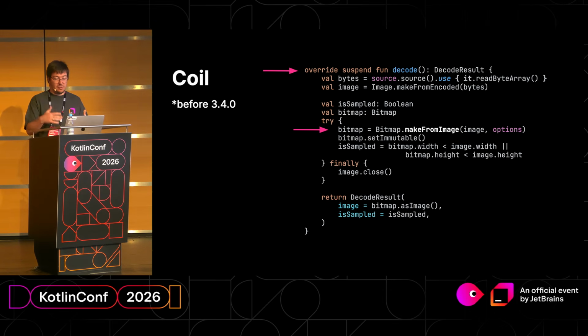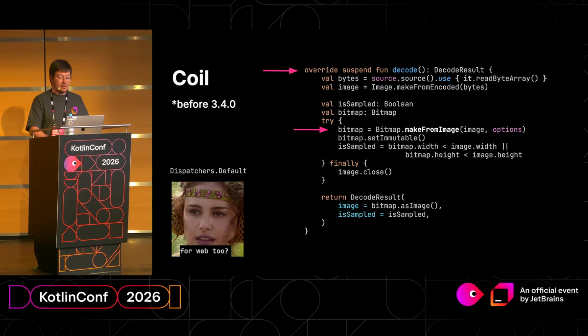But the function is a suspend function, and usually that's okay. We just run the function on Dispatchers.Default, and it works perfectly on different threads, and it shouldn't be our problem, right? Does it work on the web or not?